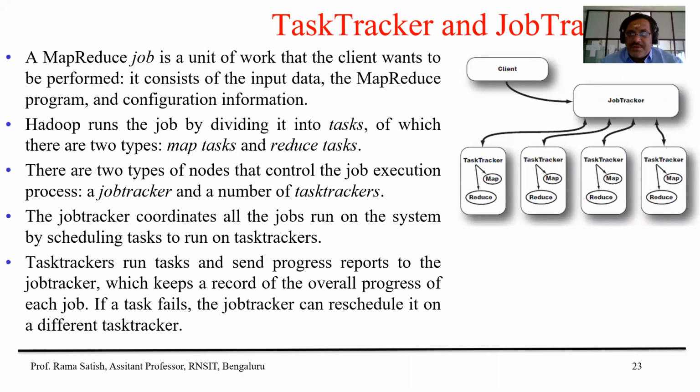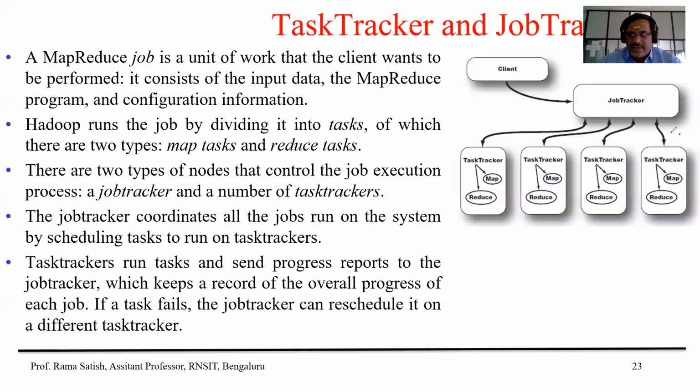Suppose a progress report is not received from a particular task tracker. In such a situation, the job tracker will understand, oh, there is a problem with this particular node.